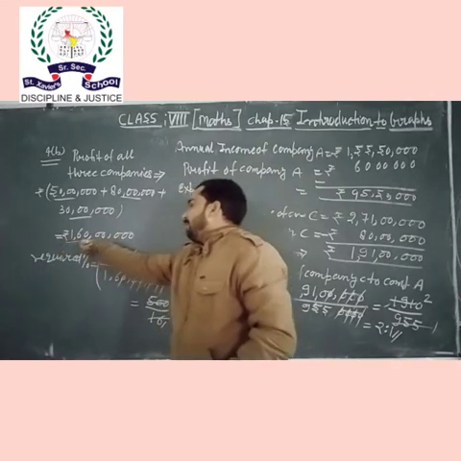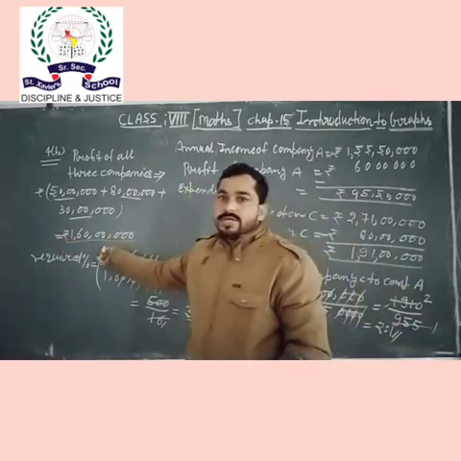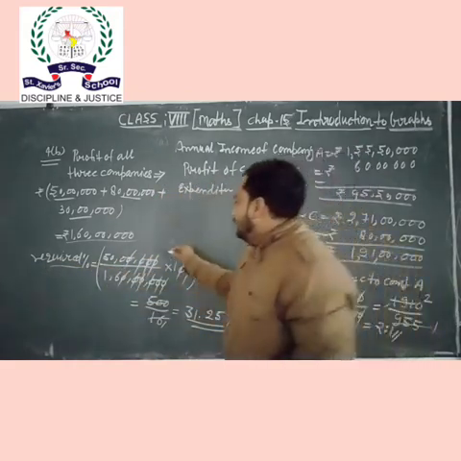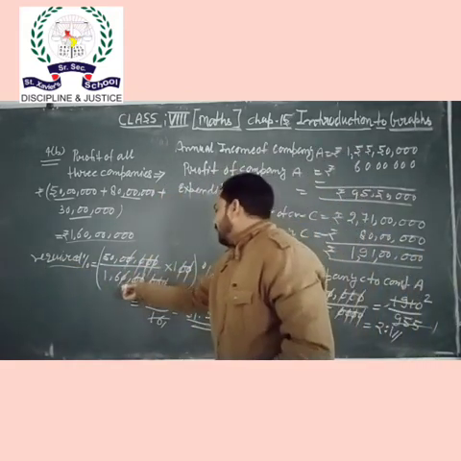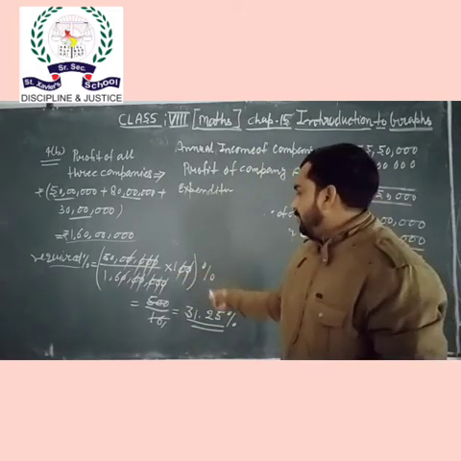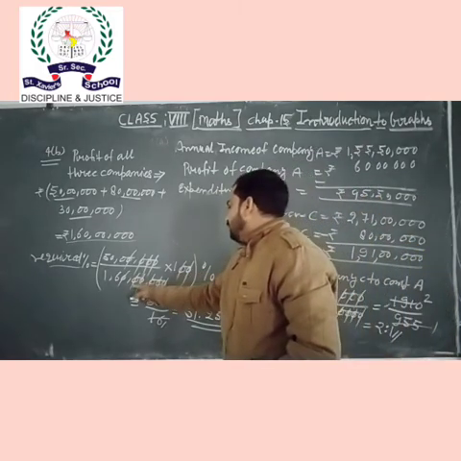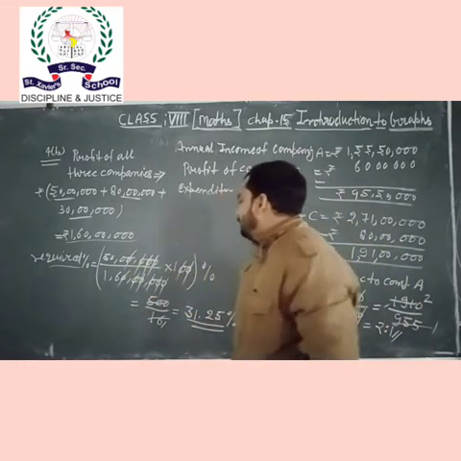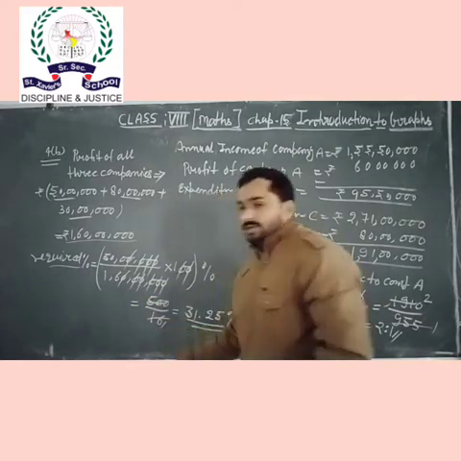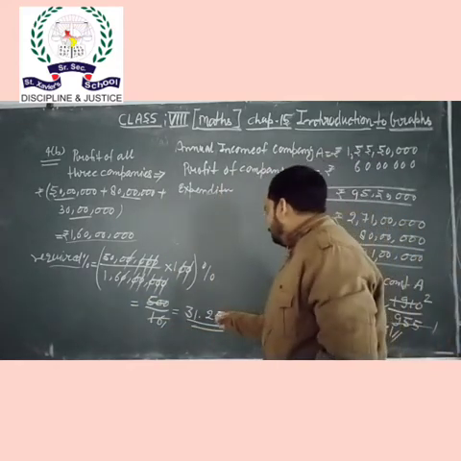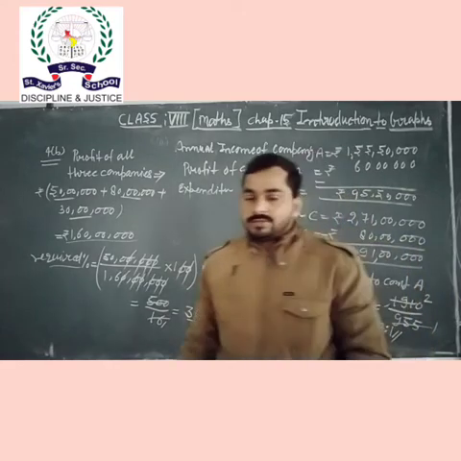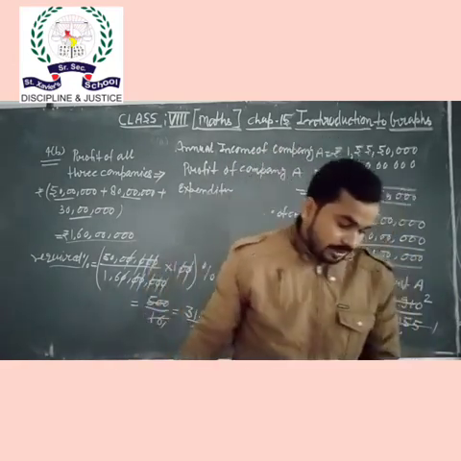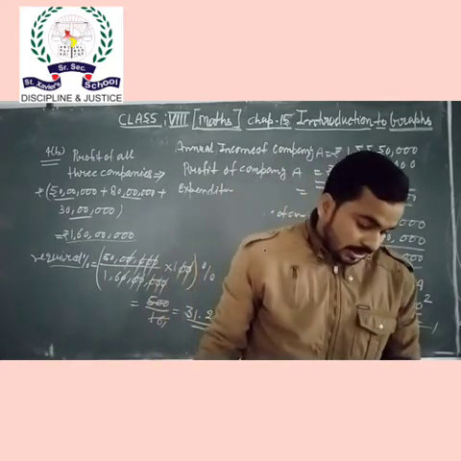The total profit of the three companies is 1 crore 60 lakh, and then we find the required percent for company A: 50 lakh divided by 1 crore 60 lakh, multiplied by 100 and the percent symbol. Cancelling 6 zeros, we have 500 upon 16. Dividing, we get 31.25%. So this is the percentage of company A's profit to all three companies together.